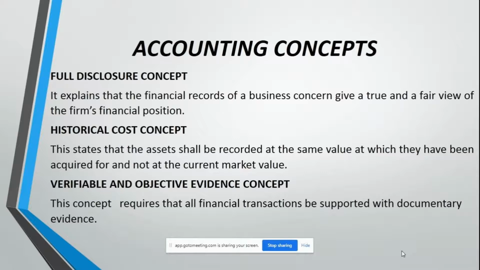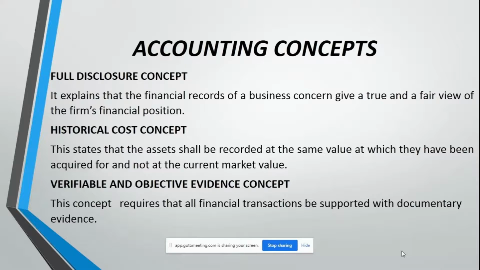The cost of purchase. So this states that the assets shall be recorded at the same value at which they have been acquired and not at the current market value. As I told, this particular historical cost concept is applicable only for a few assets, and not for those assets which are subject to appreciation alone, that is land and building and jewelry.